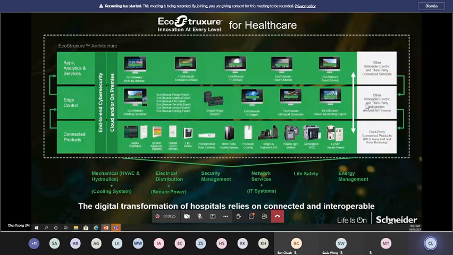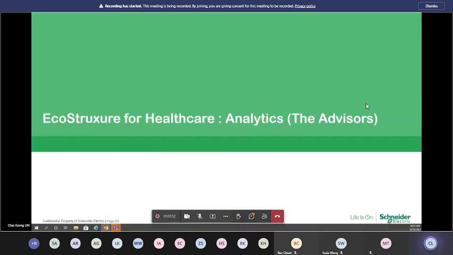Having said that, today, again, when it comes to the 3 layers itself, when we digitize, we follow the same 3 principles to ensure that the mechanical, electrical, security, network, life science, energy management, the big keyword, all of these are integrated, interoperable, and if we are allowed, they should be connected to ensure that we have an intelligent healthcare facility or infrastructure to work with.